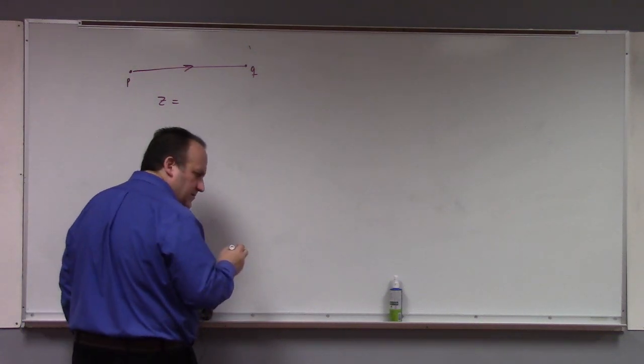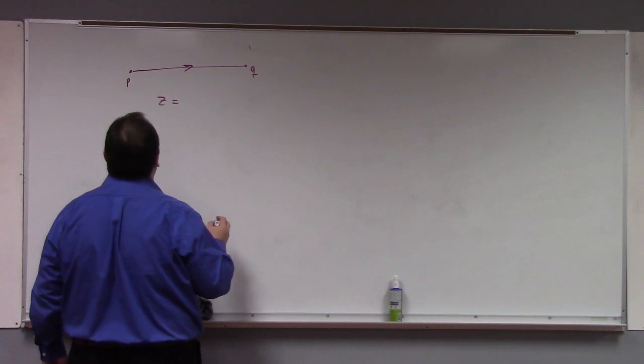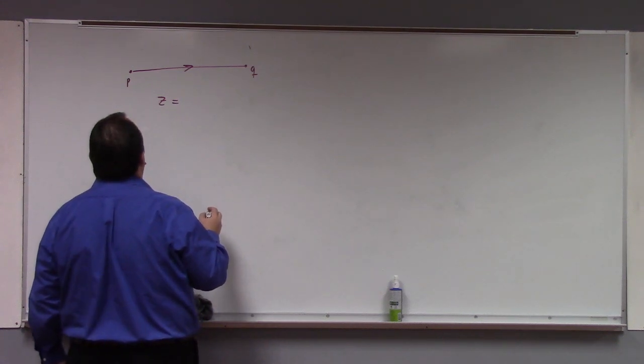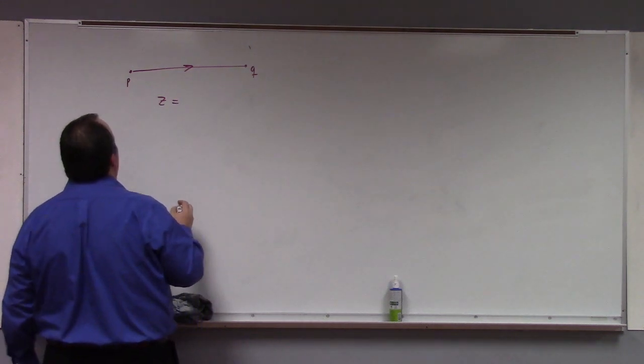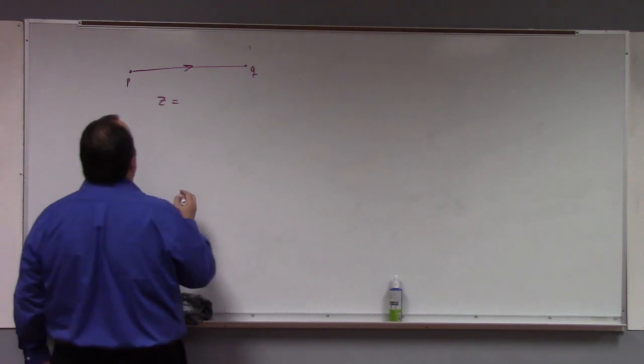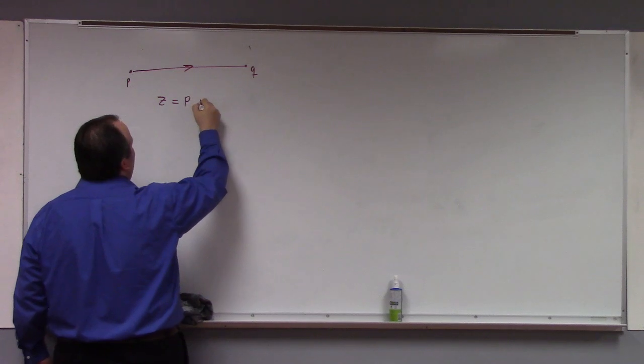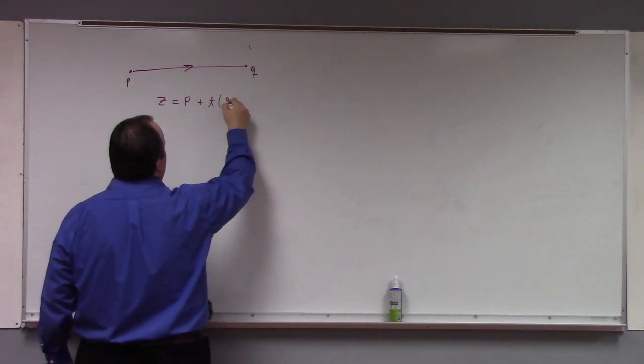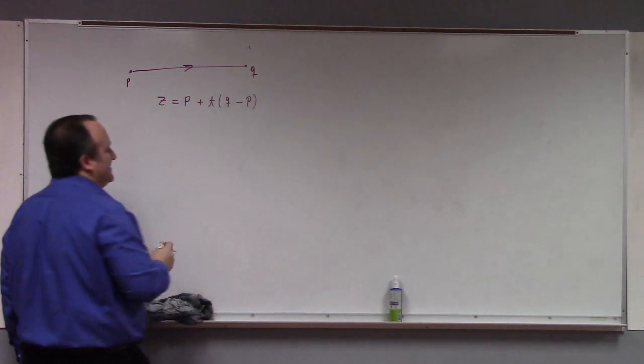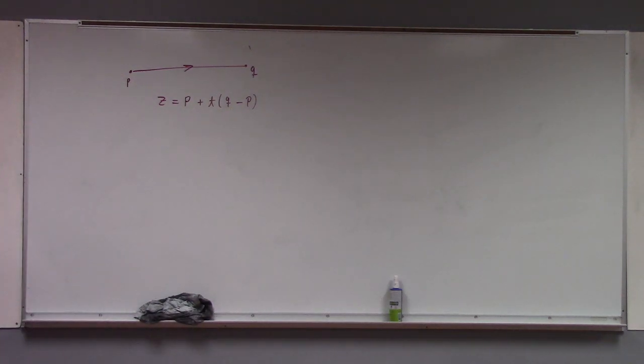Wait, what? Oh, mt. Oh, no. You hurt me with that. How dare you? So P, you're joking. P plus t times, very nice, Q minus P, right? So this is the parameterization of the line.